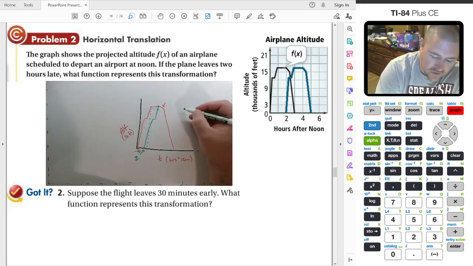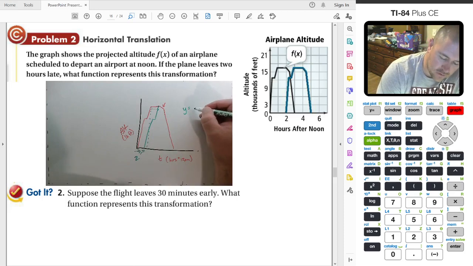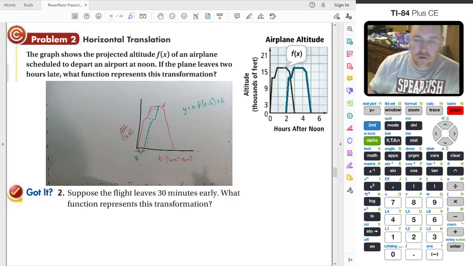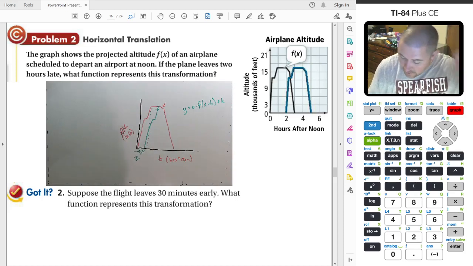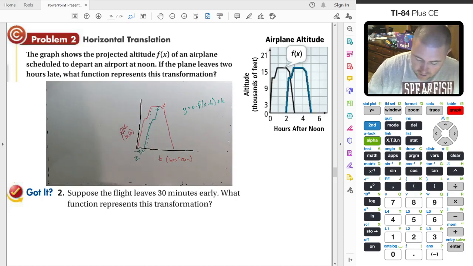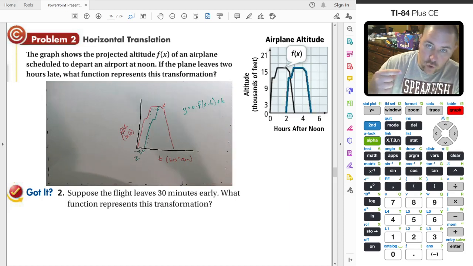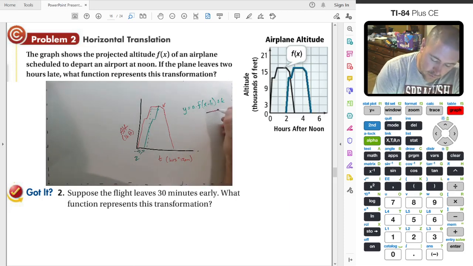What function represents the transformation? Well, y is a times f of x minus h plus k, and they're starting with just plain old f of x, because clearly this isn't a linear function or anything like that. If I'm going to modify this function and I move 2 to the right, remember when we had you do this?